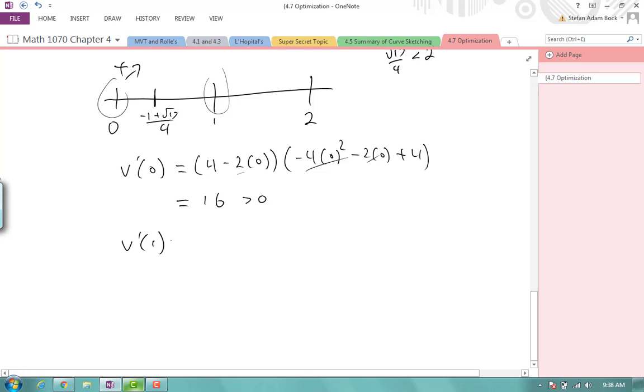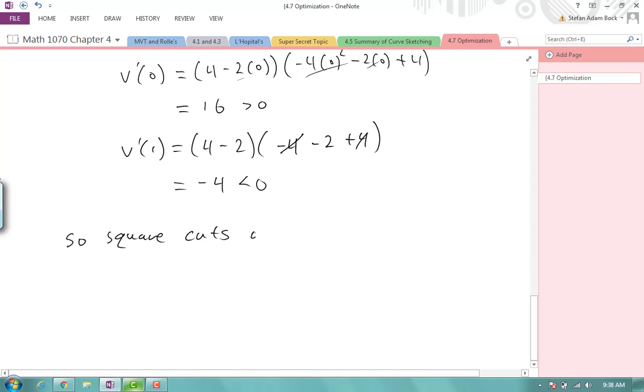And v prime of 1 would be 4 minus 2 times negative 4 minus 2 plus 4, giving me 2 times negative 2, which is negative 4, which is less than 0. So I'm going down, which means for my first derivative test, I know that I have a maximum here, so this must represent my optimal solution.